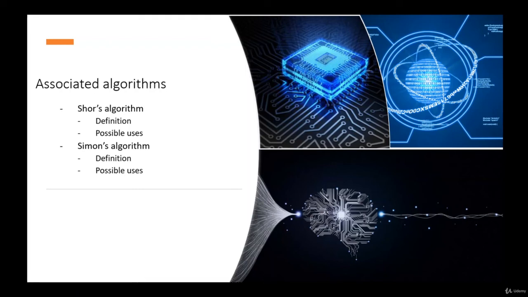So in fields that are really scientific and require a lot of mathematics, it's used a lot in quantum research, especially the Shor algorithm, which is really popular in this field. For now, this is the main goal of them. They're used in research to be able to build the future quantum computers.